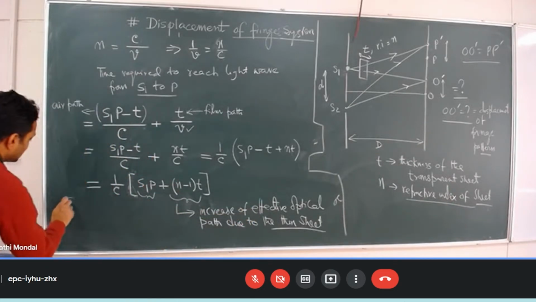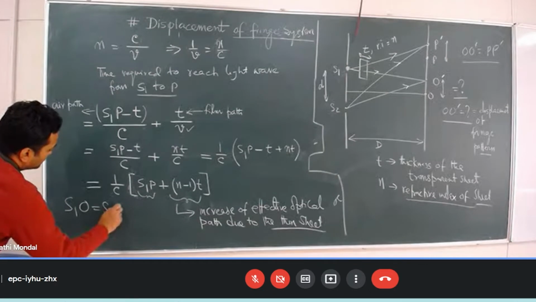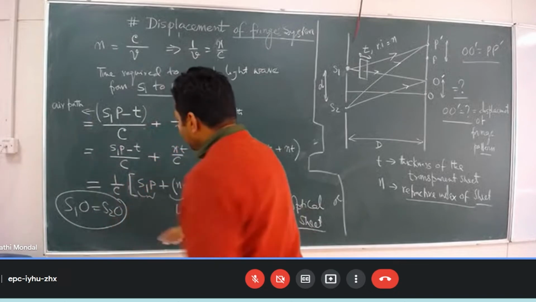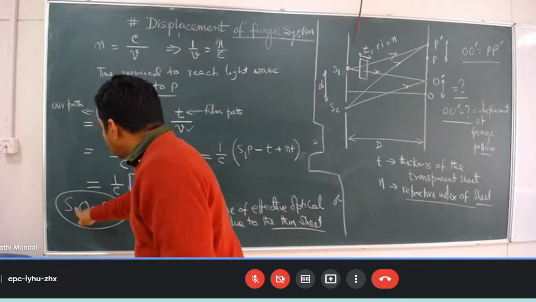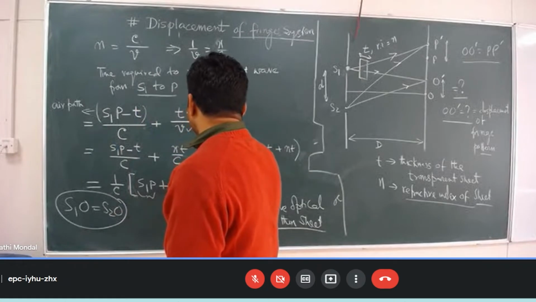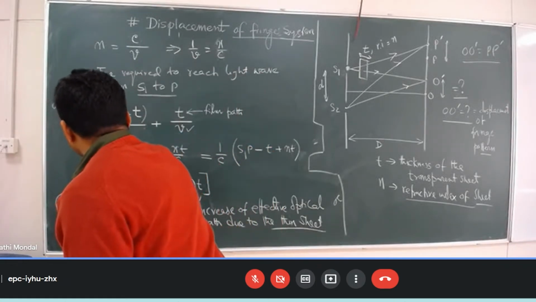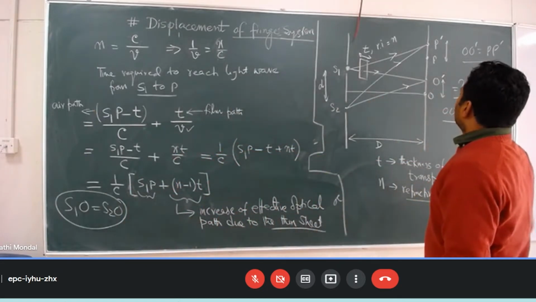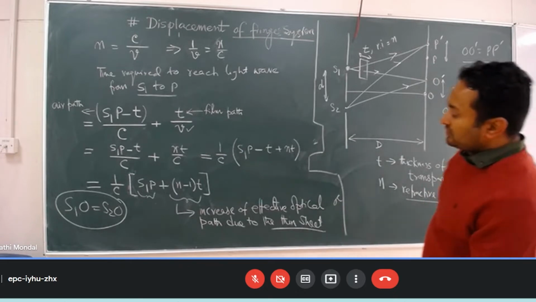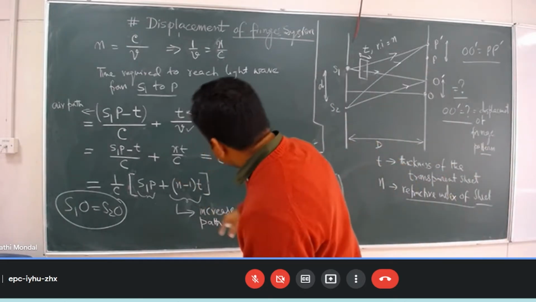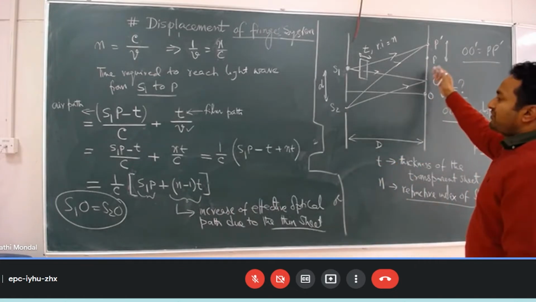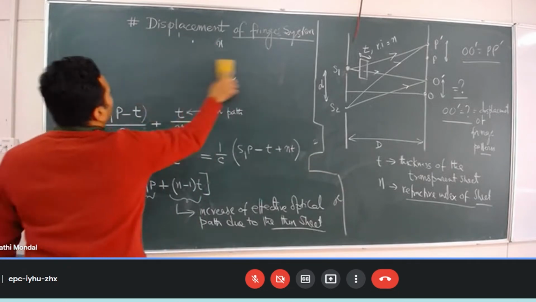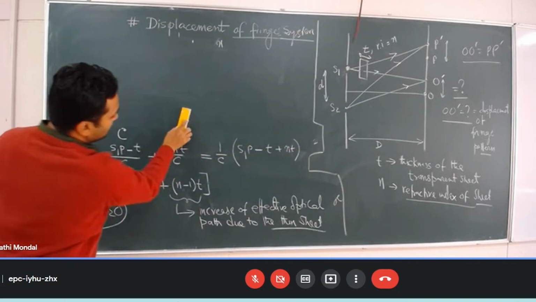Now it is not, because the optical path of S1O is changed by N minus 1 into T. So now S2O minus S1O is not 0. So the central fringe will not occur here anymore. This much changes the position of the central fringe, and that is actually the displacement of the fringe.